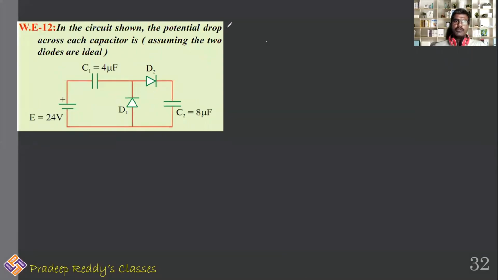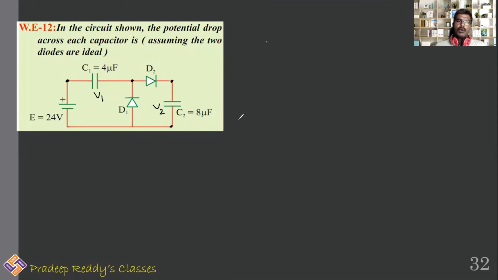In the circuit shown, the potential drop across each capacitor is dash. You want to find out the voltage dropped across each capacitor. Now, let me take this voltage which is dropped. I consider it as V1, and this voltage which is dropped, I consider it as V2.